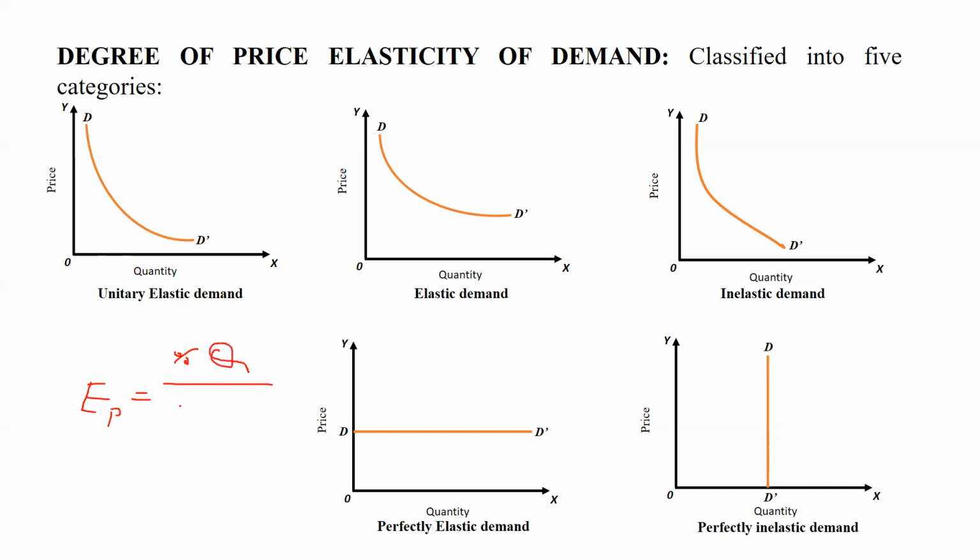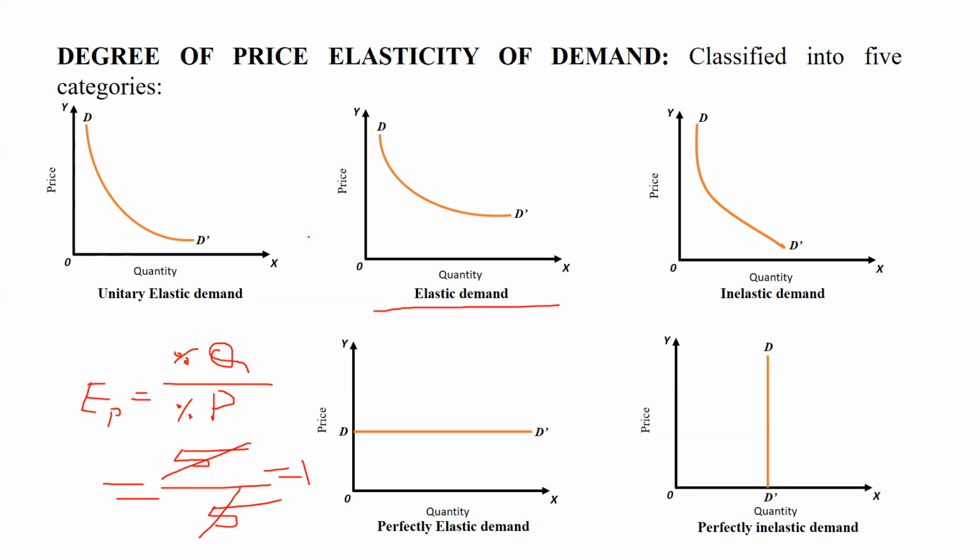If both the values are, for example, a hypothetical 5 and 5, then when we divide 5 by 5 the answer will be 1. So we can say unitary elastic demand means your EP value would be 1. I hope you understand. Then we come to elastic demand.